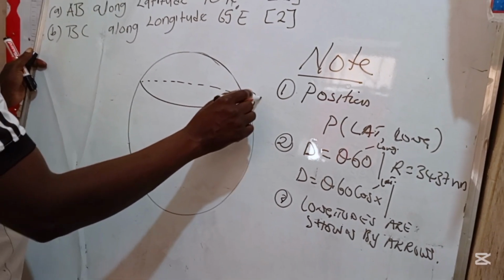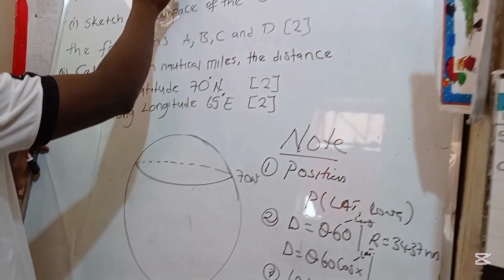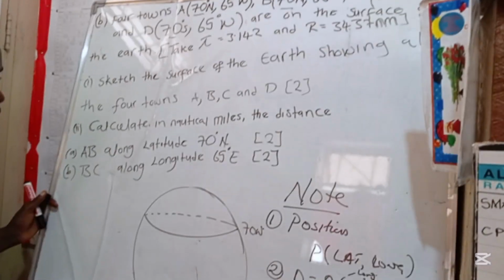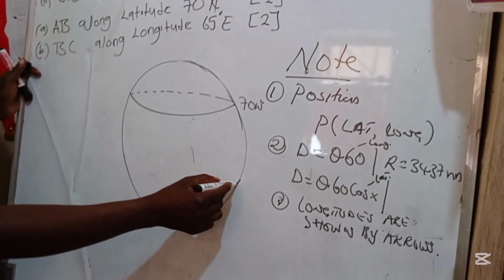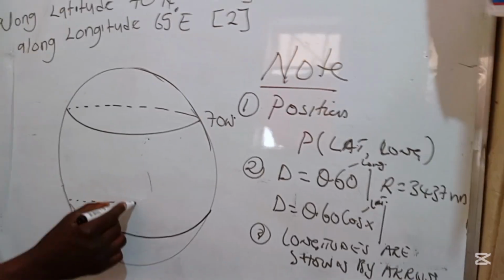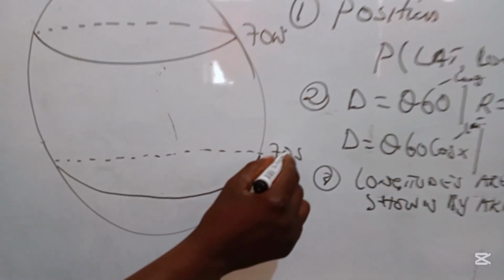This is the 70 north. I told you that we start with the latitude. This is the latitude, this is the latitude. So we have another 70 south. There we go, this is 70 south.